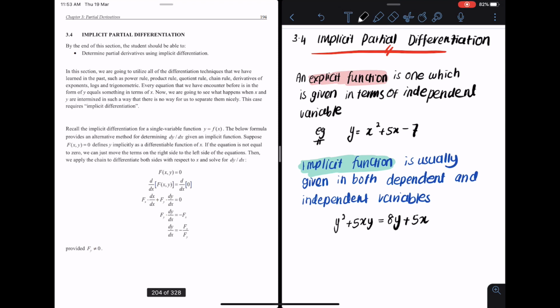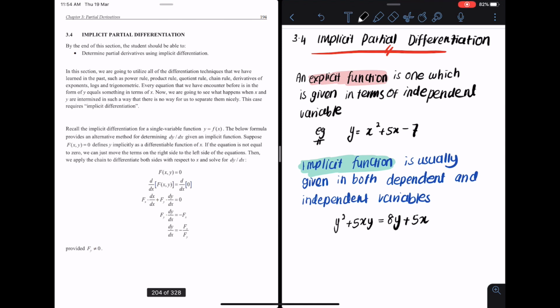Basically, an explicit function is one which is given in terms of independent variables, such as y, which is the subject of your equation, is equal to some independent variables, which in this case, y is equal to x squared plus 5x minus 7, where you can put the dependent variable on the left hand side, meanwhile the independent variables is on the right hand side.